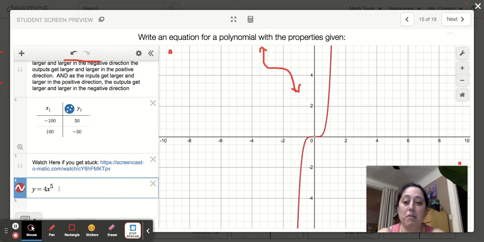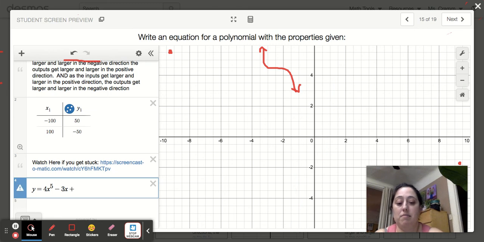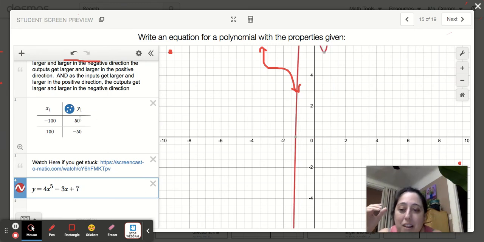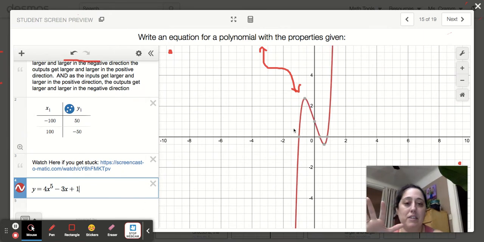I could make that a 4, whatever. The important thing is that the exponent is odd. And I need at least 2 terms, so let me say minus 3x plus 7. Let me move that down a little bit. Let me say plus 1. Okay, so I can kind of see it.